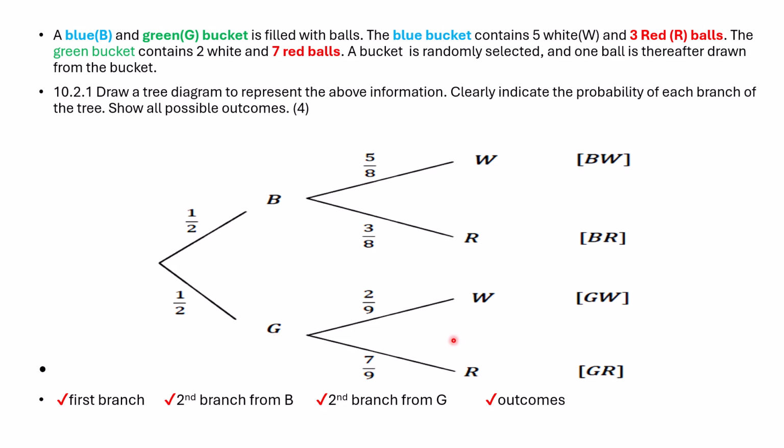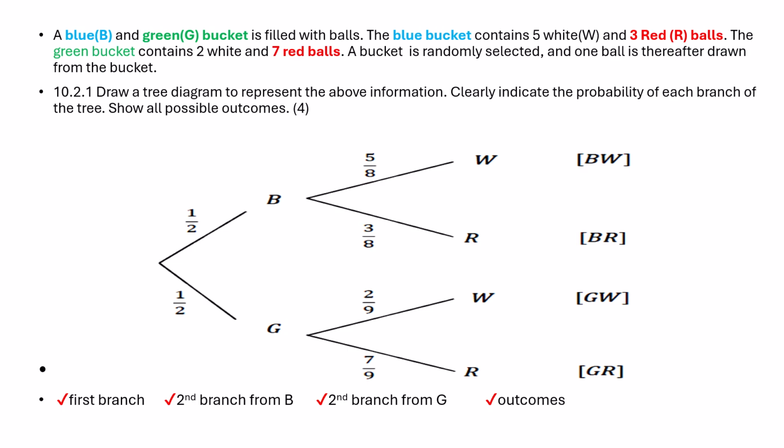From the green, then select white, GW. From the green and then select red, GR. So 1 mark for the first branch, another mark for the second branch from B, another mark for the second branch from G, and another mark for the outcomes. So that's my first 4 marks.